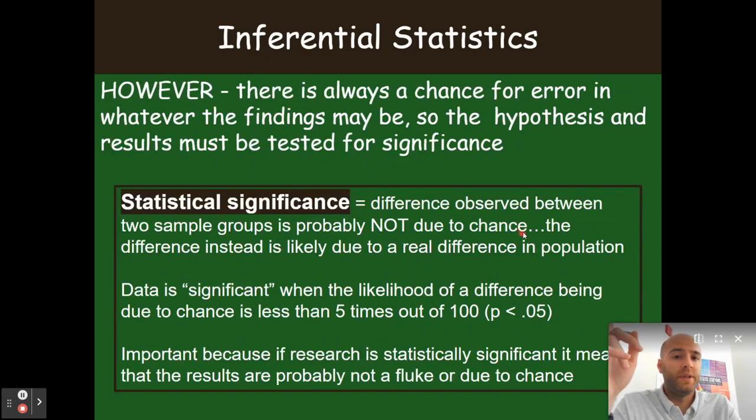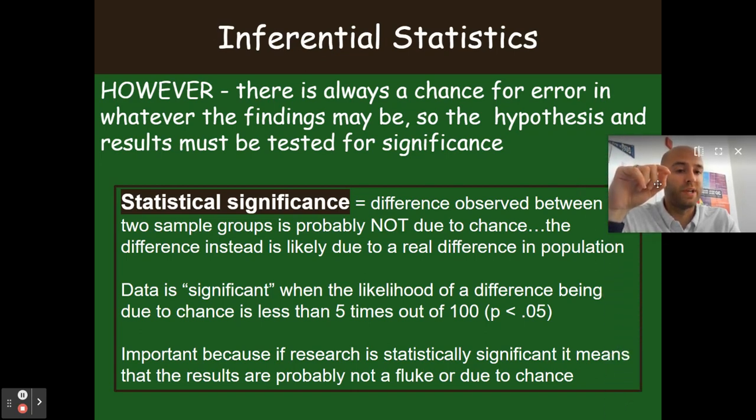However, there is always a chance for error in whatever the findings may be. So the hypothesis and results must be tested for significance. Remember when we touched on replication a little bit ago, a few notes ago? Replication is super important when we're talking about generalizing and extrapolating our results to the larger population.